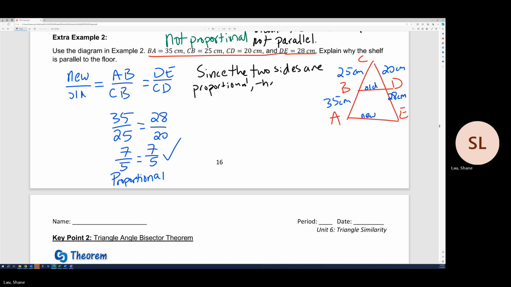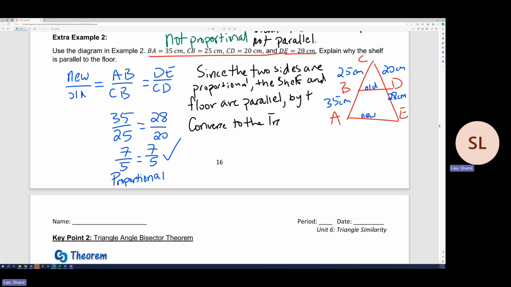The shelf and floor are parallel. And again, I would just add in that by the converse to the triangle proportionality theorem. Just like so.